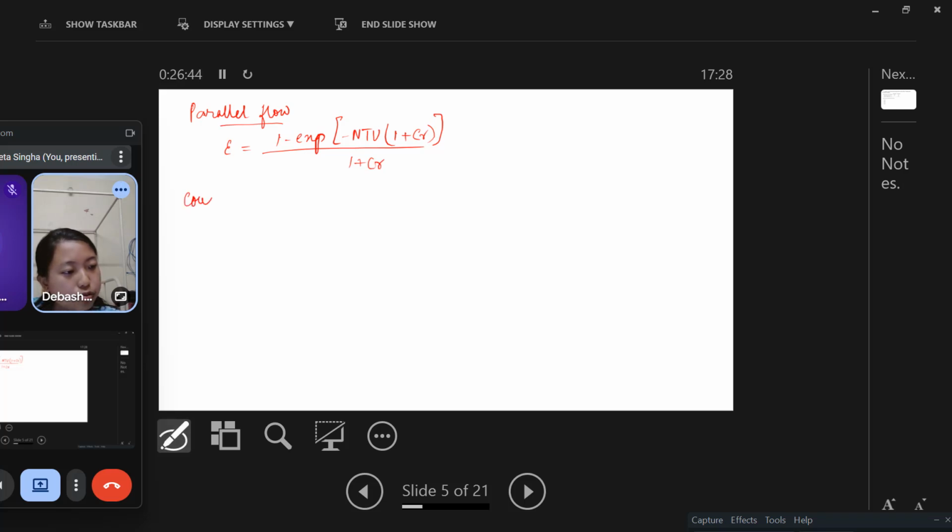And for counterflow. From your interview point of view, this whole heat exchanger part, shell and tube, might be very important, because in industries you'll use this directly.